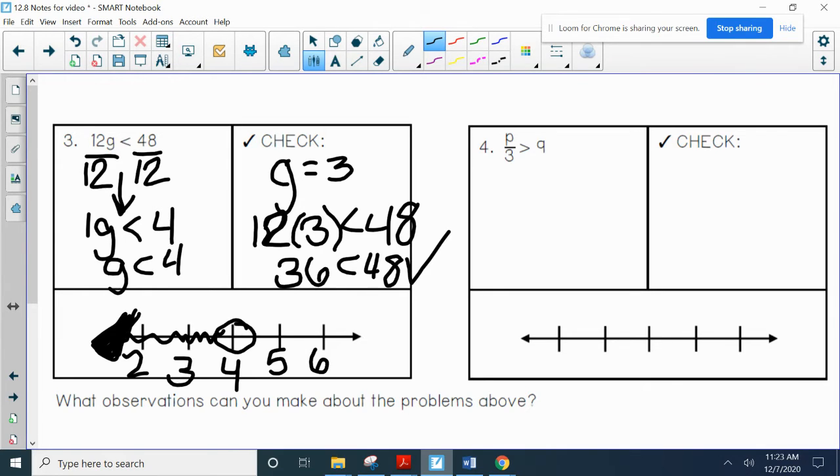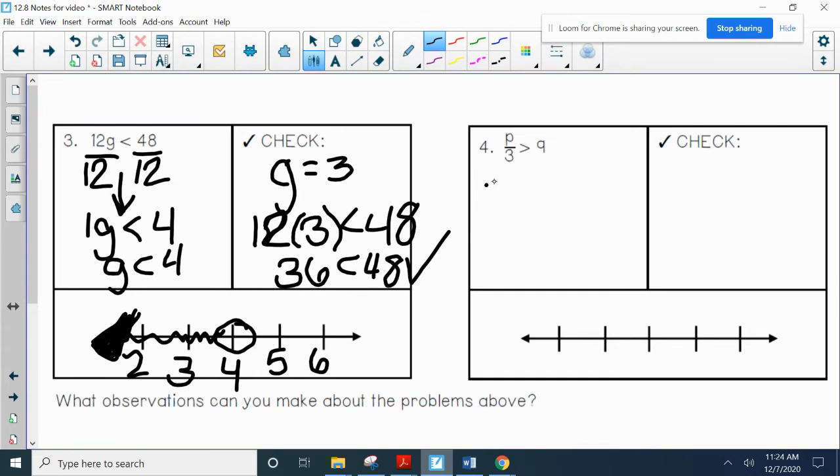Awesome. So on 4, we have division. We learned that that line there implies division, and so P is being divided by 3. To get rid of division, we use its inverse, which is multiplication.